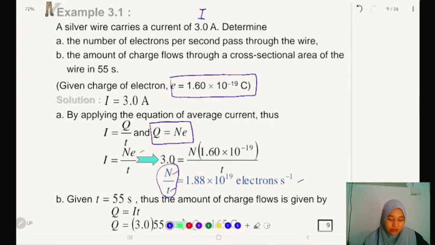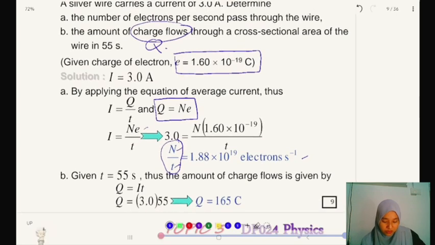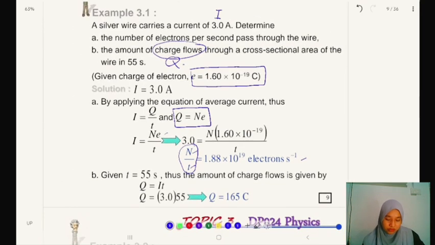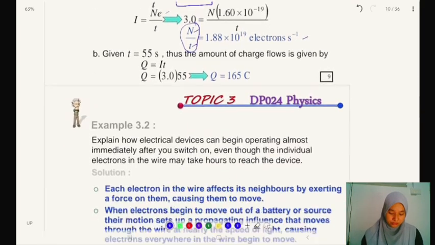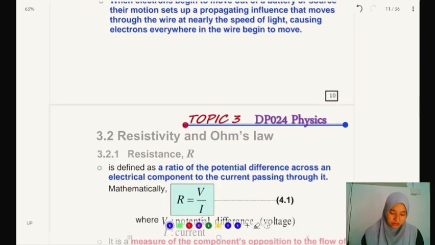For part B, the amount of charge flow, we want to find Q through a cross-sectional area of the wire in 55 seconds. In 55 seconds, we already know I is 3 amperes, so Q equals 3 times 55, which is 165 coulombs. You can read this example.